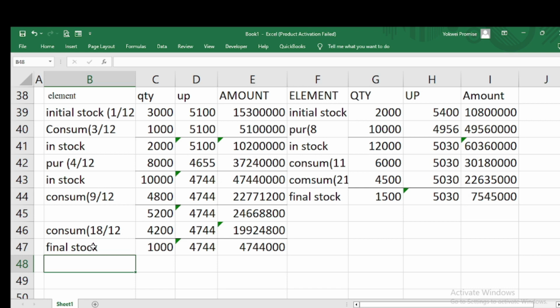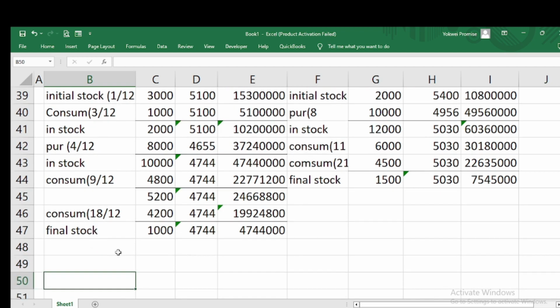Final stock. All right, let's look at now how we can determine the production cost for each of the finished products. Okay, let's start with finished product P1.